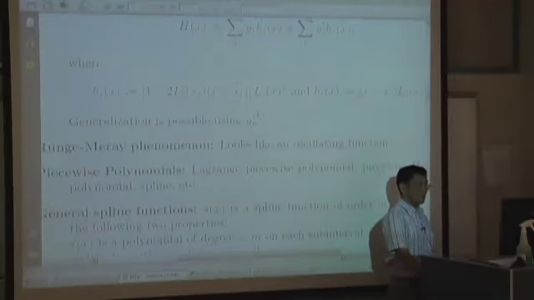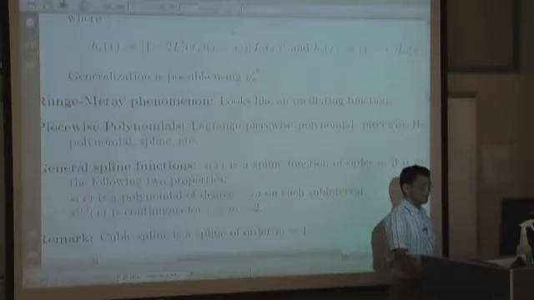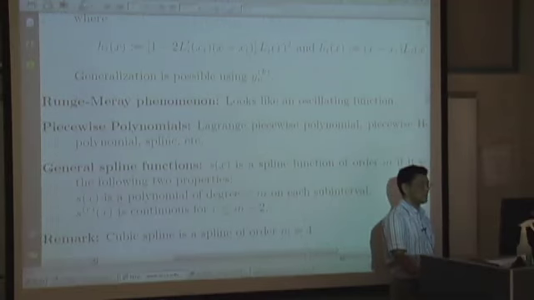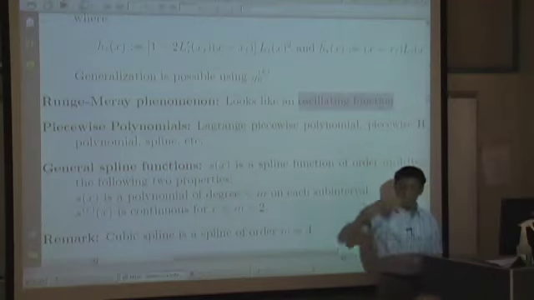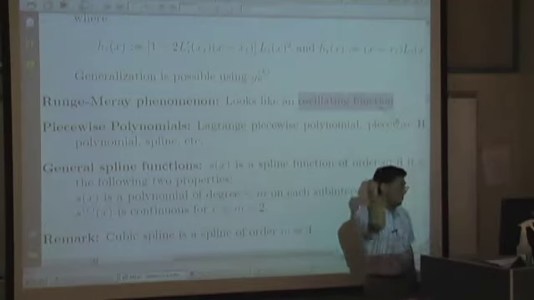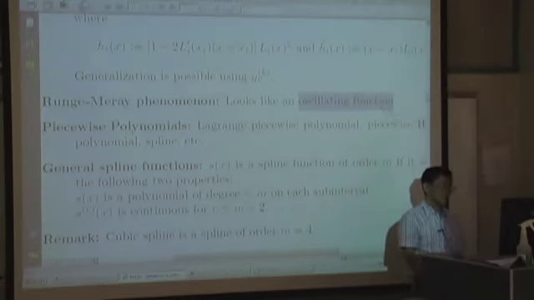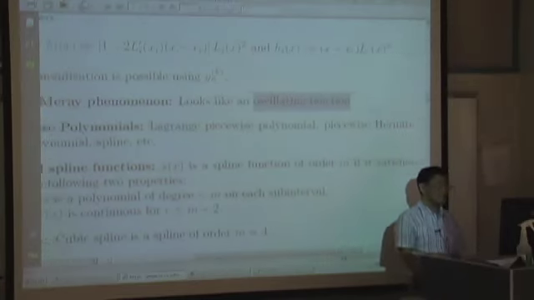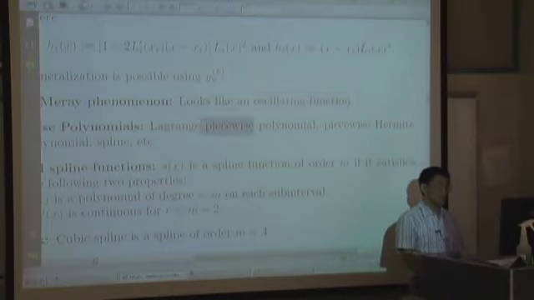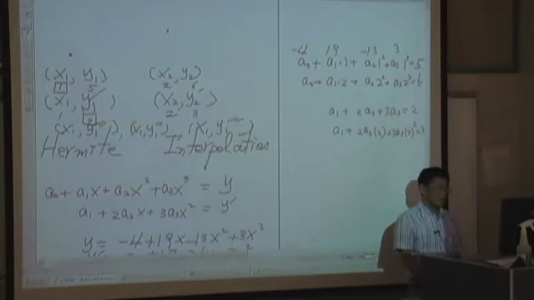Then let's follow the notes. As you can see, the Runge phenomenon, like oscillating behavior, happens if you use a higher order polynomial. So what we do is piecewise polynomial. In other words, we use some kind of polynomial, Lagrange piecewise, or Hermite, or spline, these kinds of things. Then let me know whether you learned about spline before.